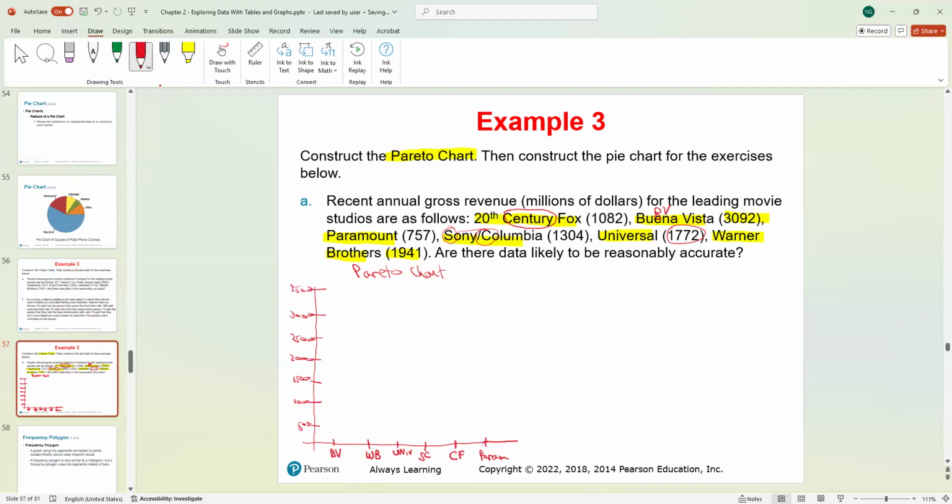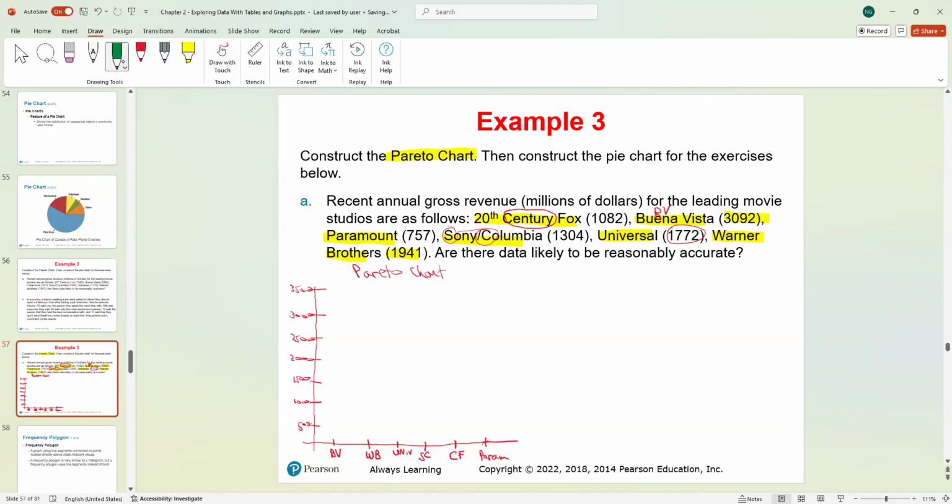So that's what we have on the vertical axis. Remember, those are the frequencies. Those are the frequencies, and down on the x-axis is the categorical data.